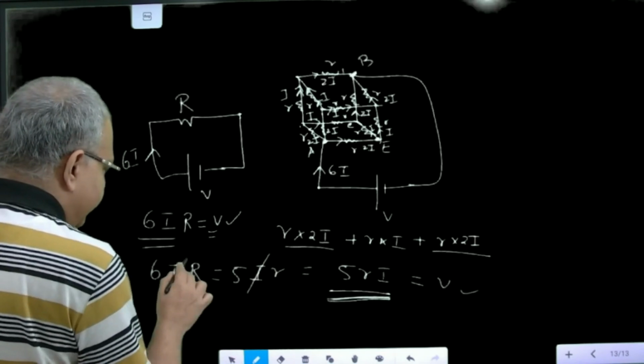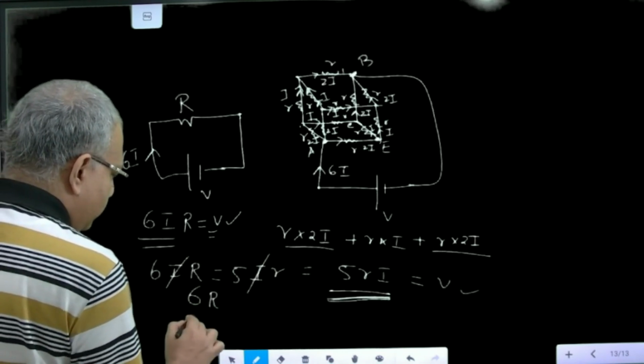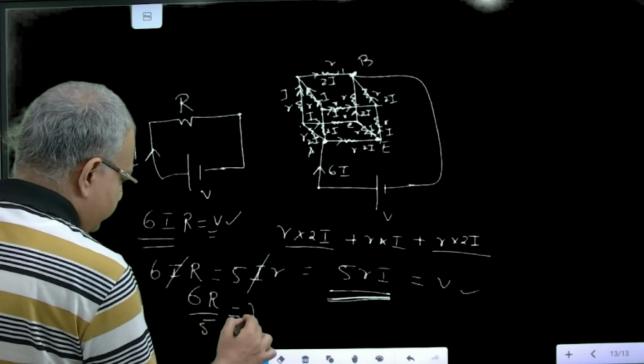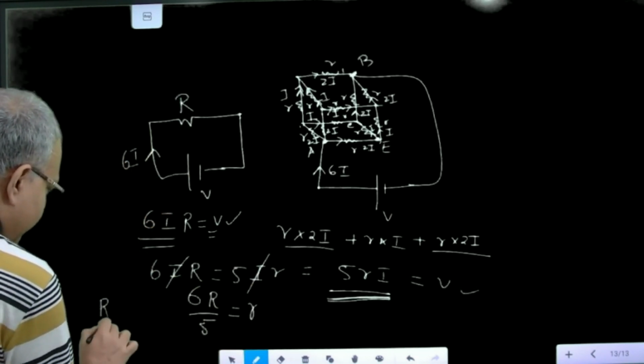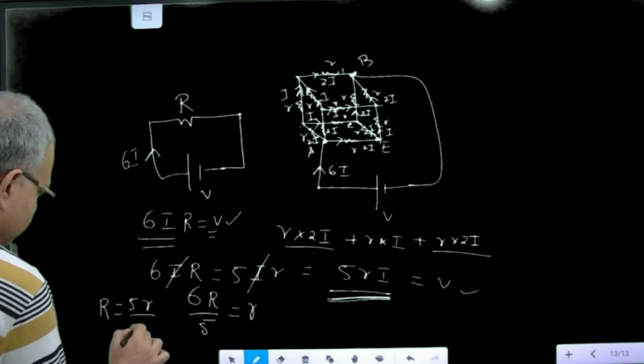Therefore, the I getting cancelled, this R by 5. So therefore, the equivalent resistance I can write 5R by.